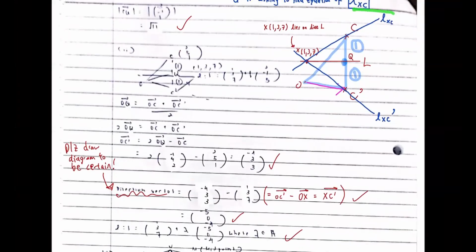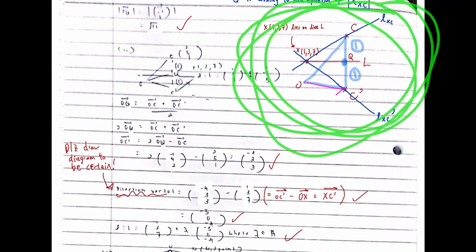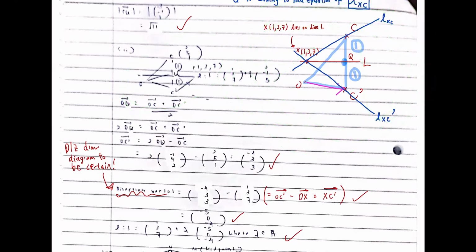Were you able to visualize this in your head? Like I visualized the way I draw my diagram. I don't see your line, and the point reflected about the line L. I didn't see that.